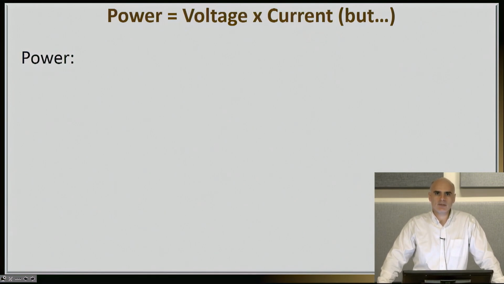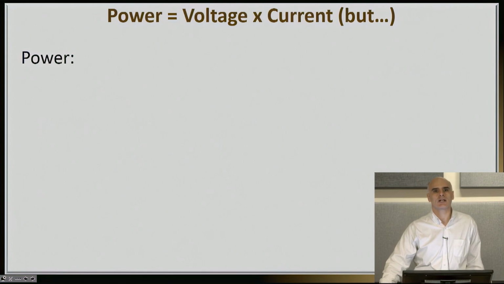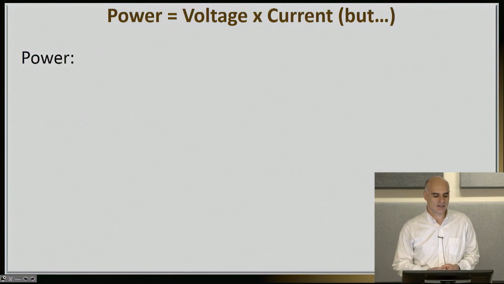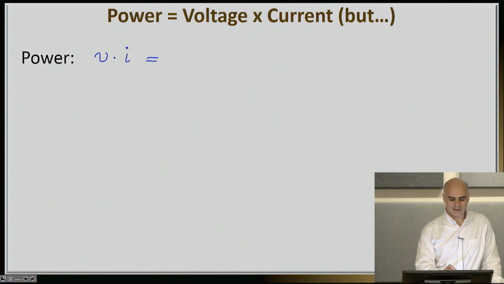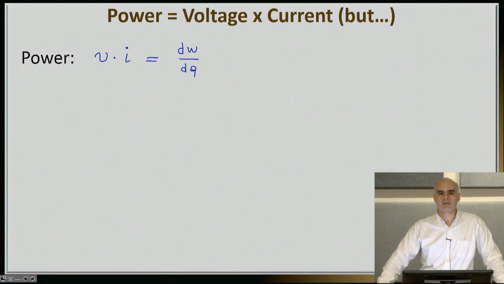So first of all, let me remind you why, when you calculate the power as voltage times current, you're doing something correctly. You may recall that if I take V and I multiply this with I, essentially I'm taking the rate dW/dQ. This is precisely the definition of the voltage.